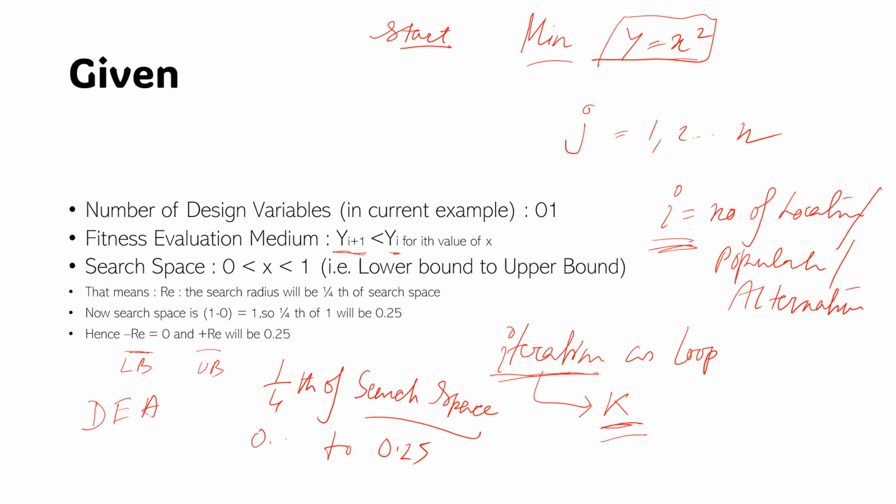Another modification which is not found in other bio-inspired optimization techniques is that although your search domain is from 0 to 1, you can take only 1/4 of this search domain for generating your values for your design variable x. So that is why this will be 0 to 0.25.